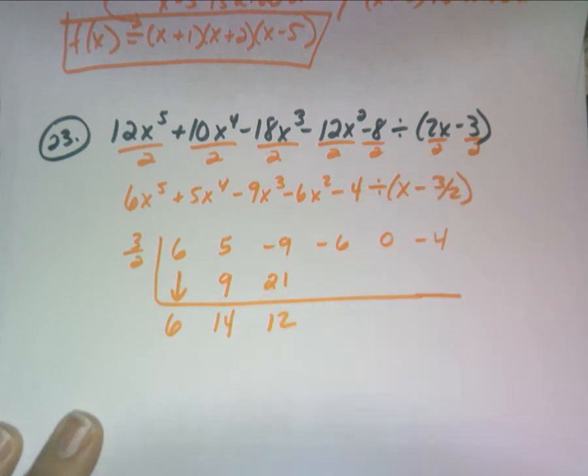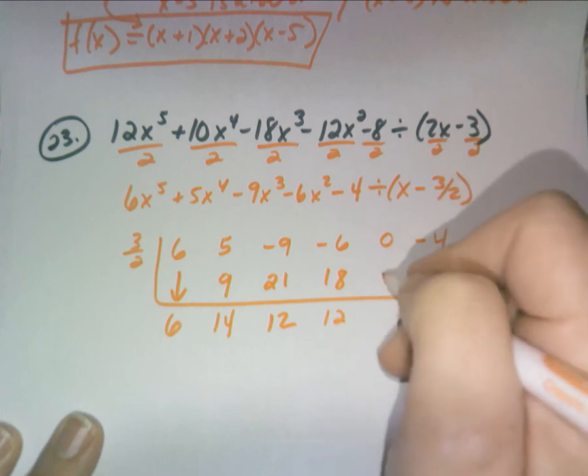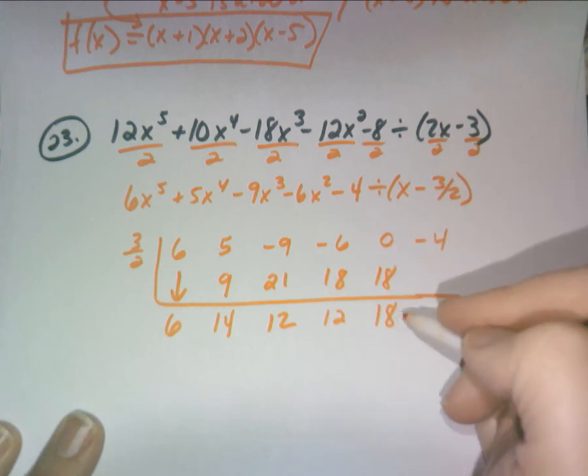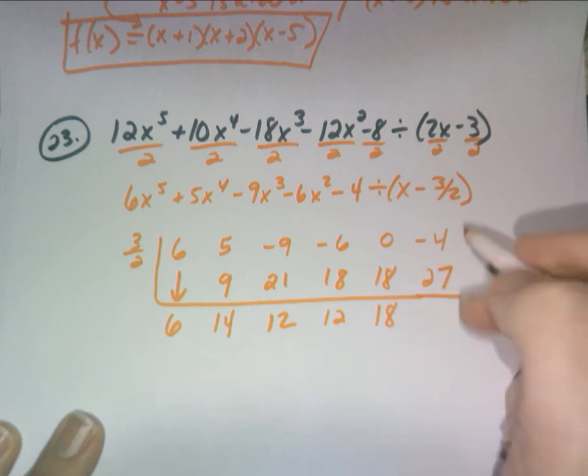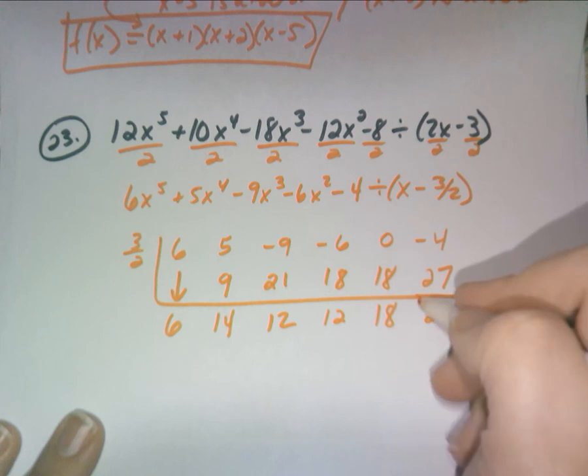12. What's a half of 12 but times it by 3? 18 again. What's a half of 18 but then times it by 3? And what does that make? 23. Okay, that is my remainder.